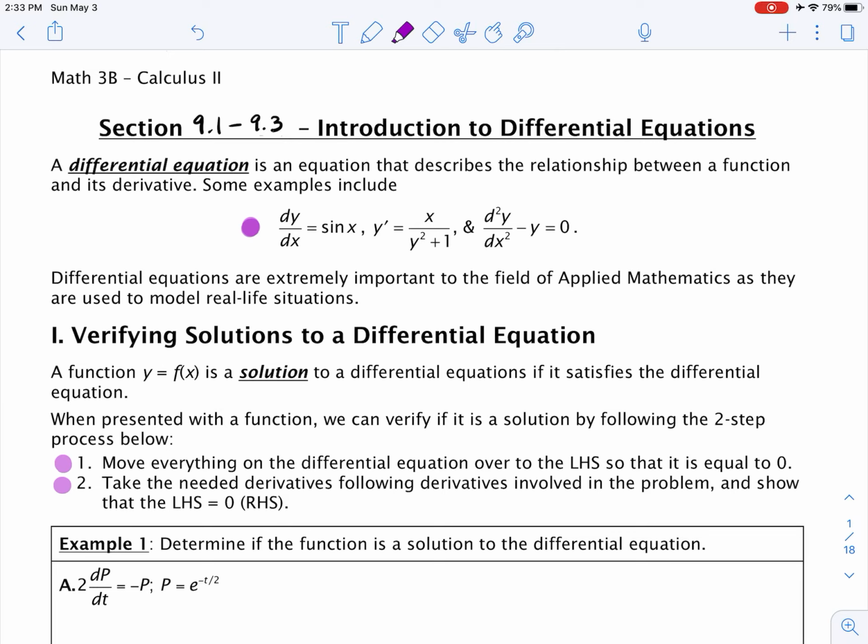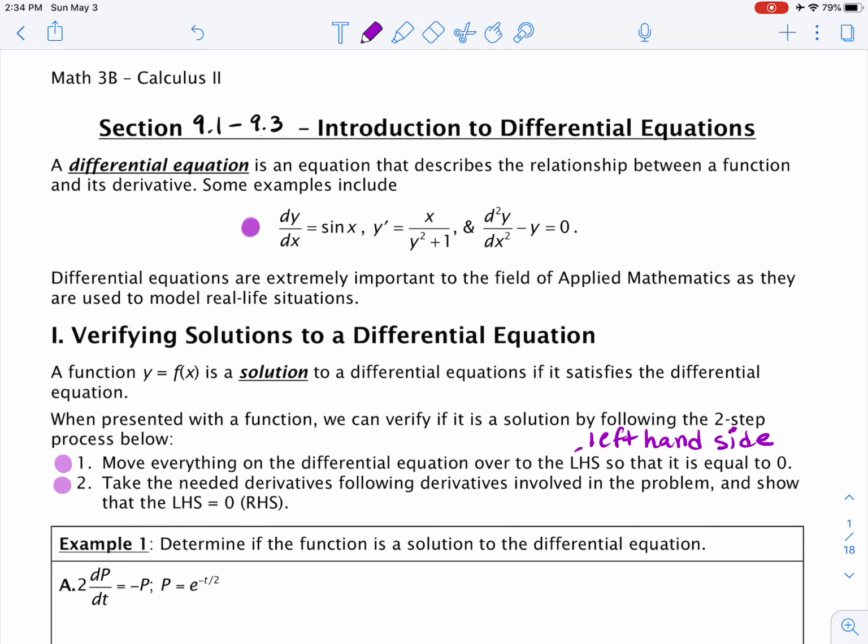It says move everything in the differential equation over to the left-hand side so that it is equal to 0 on the right-hand side. That is not necessarily required. You don't have to do that. You can just deal with the equation itself and just substitute the values of the function and the values of the derivative, because that's what's happening in the second step.